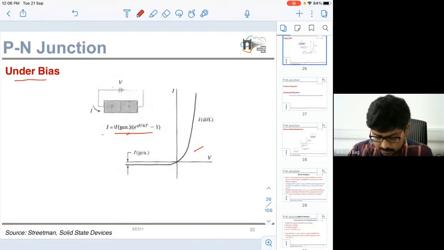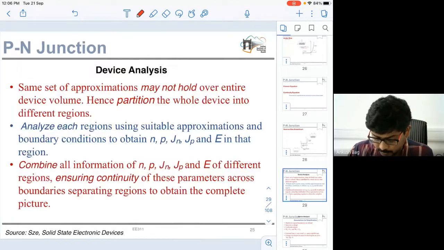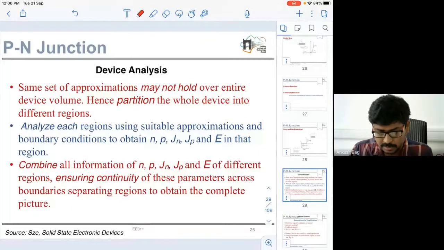Now, before we move further with this PN junction analysis, if we quickly recall, we derived this diode equation, the exponential equation, in a bit qualitative way.